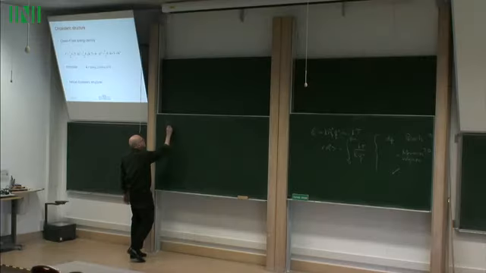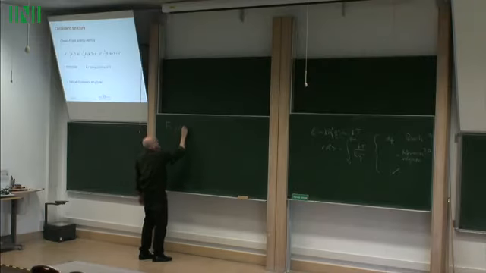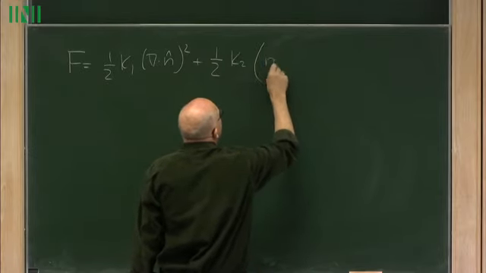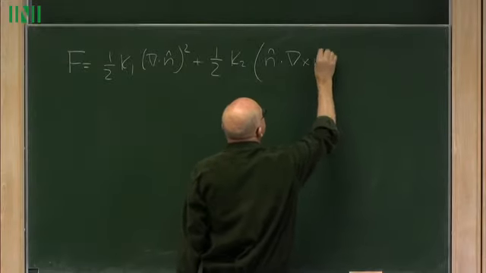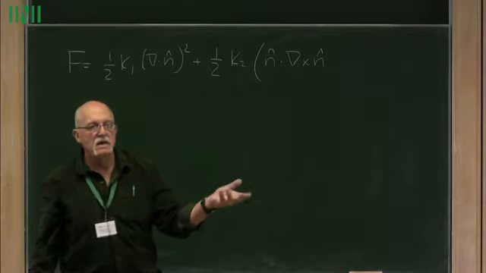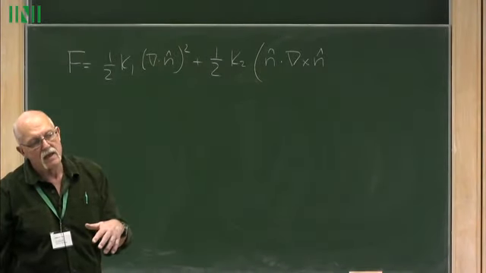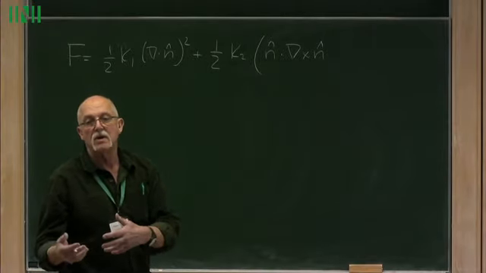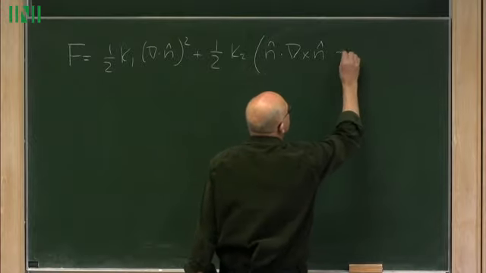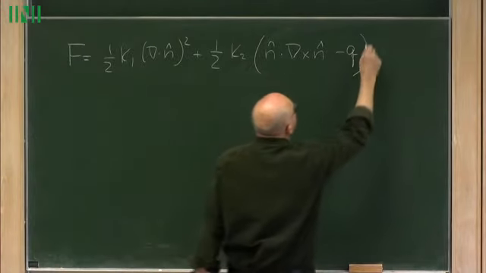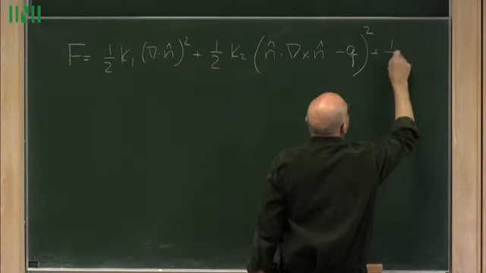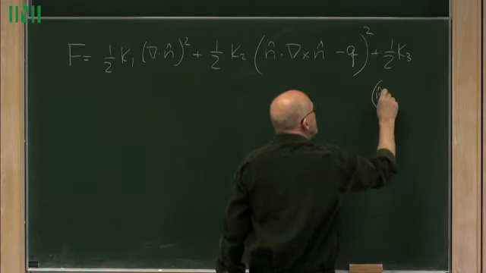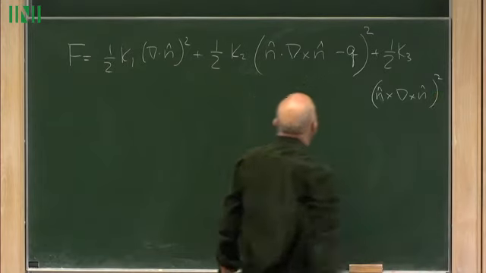And so if we write the Frank free energy, then we have 1/2 K1 (del dot n) squared plus 1/2 K2, and now we have n dot del cross n, and this quantity is a pseudo-scalar, and if we have another pseudo-scalar in the problem, which could come from the structure of an aromatic molecule or from the structure of some chiral dopant that you put into the system, then you could add or subtract that pseudo-scalar here, and then we have this interesting new term, and then we have the usual K3, which is (n cross del cross n) squared.